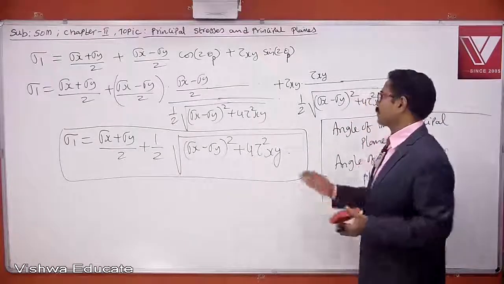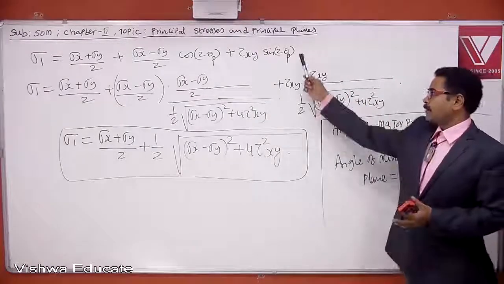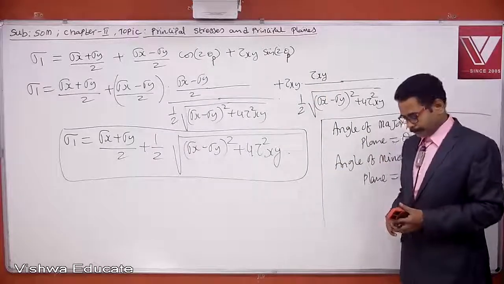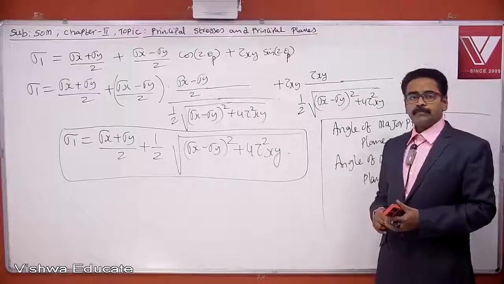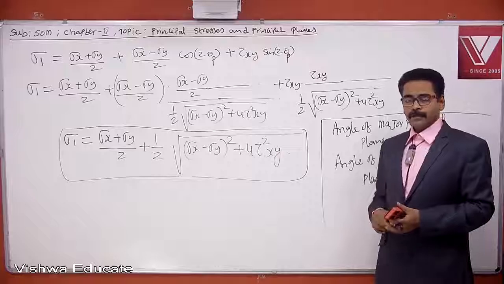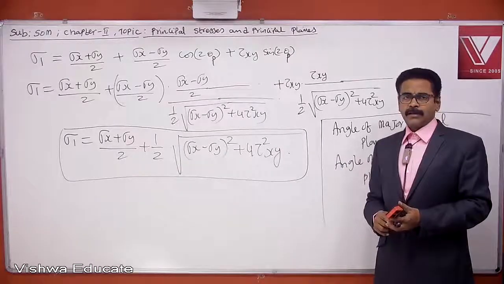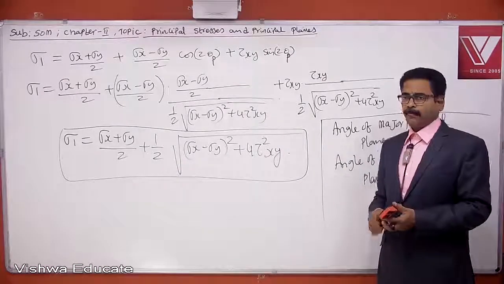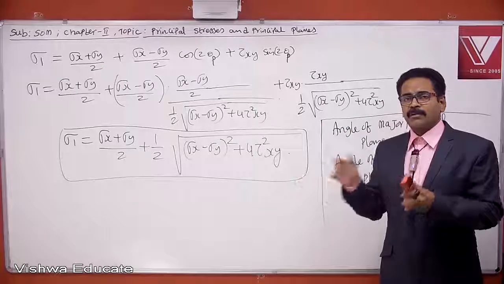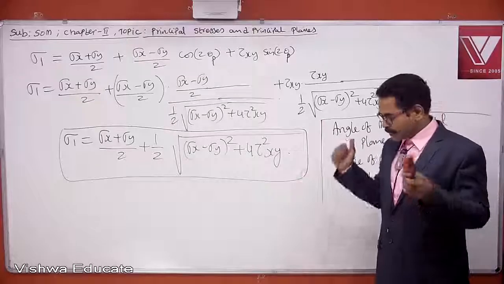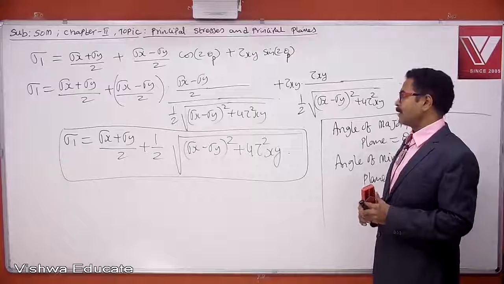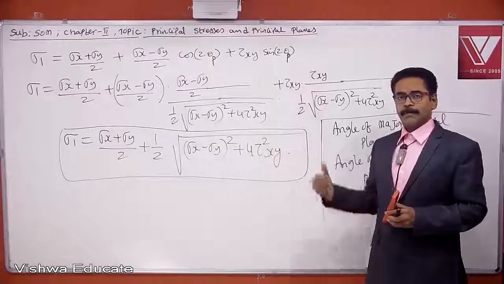Here θp indicates principal plane. When you put θ equal to θp, you are finding normal stress on the principal plane. Normal stress on the principal plane is called principal stress. Like that you have to understand. So write down these three steps, then you can copy this.